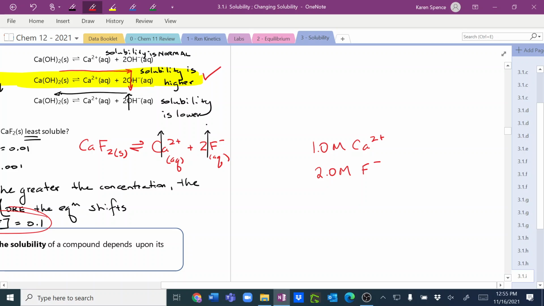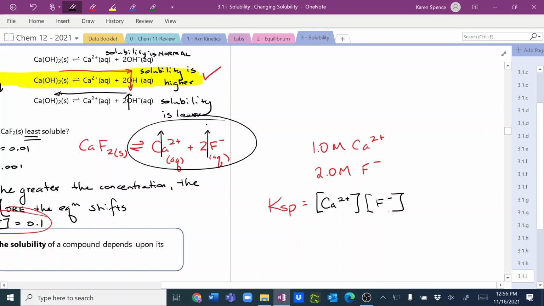Now, if we did a KSP for this, what would the KSP expression be? We're going to take our ions. We've got calcium 2 plus times fluoride squared. Yes?